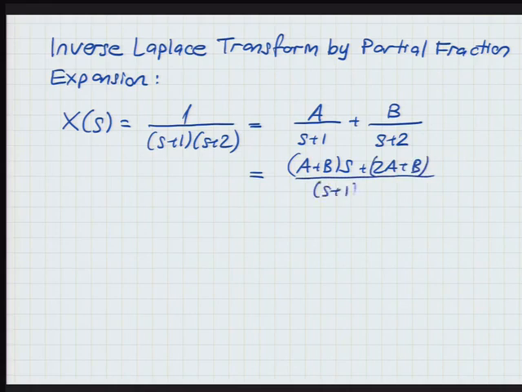I just gave them a common denominator. That means I multiplied the first term with s plus 2 both in the numerator and denominator. And I multiplied the second term with s plus 1 in the numerator and denominator. So that means a plus b should be equal to 0, because there is no s term on the left-hand side. And 2a plus b should be 1.